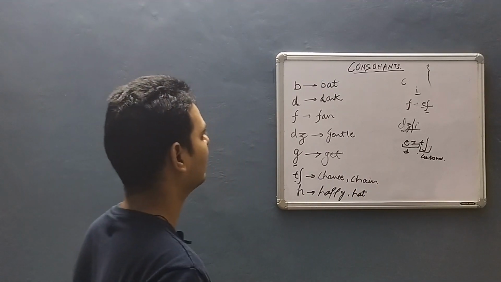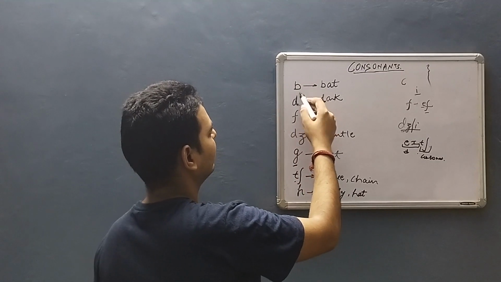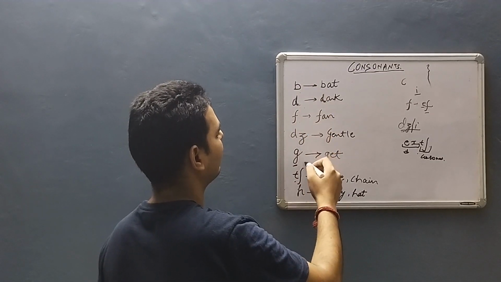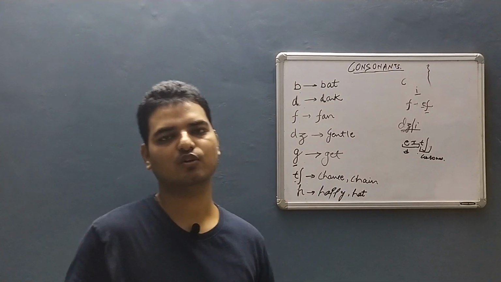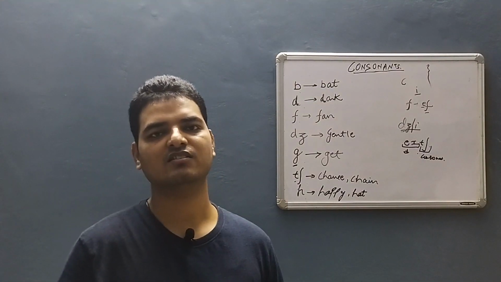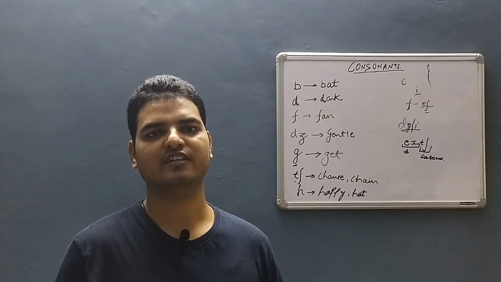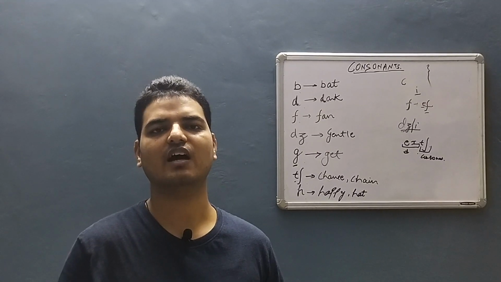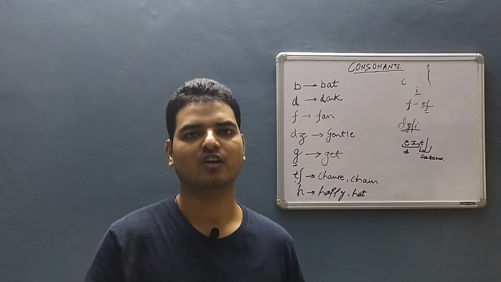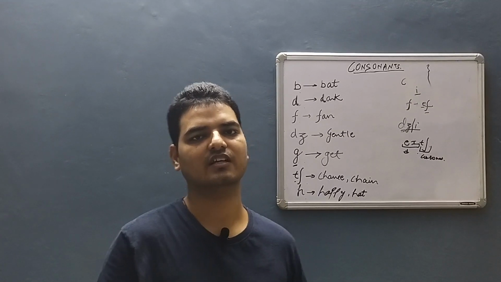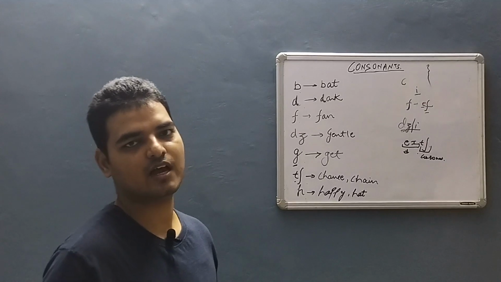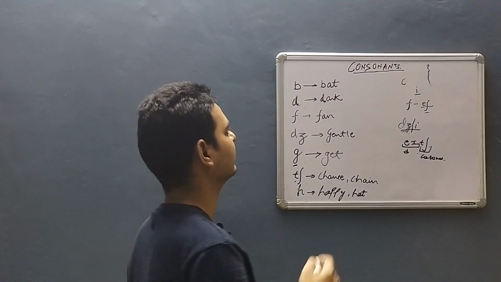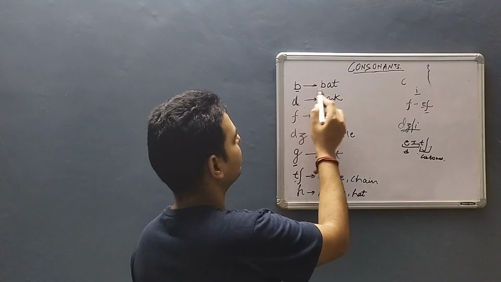So quickly I'm going to go over this: 1, 2, 3, 4, 5, 6, 7. So I told you 7 consonants today. There are 24 consonants. In the next video, I'm going to tell you the other consonants with the help of the letters themselves, so that you can understand them easily. Let's revise them quickly. B, bat.